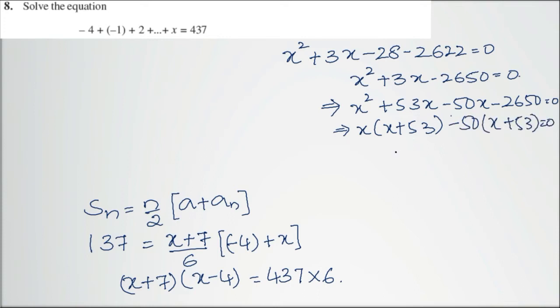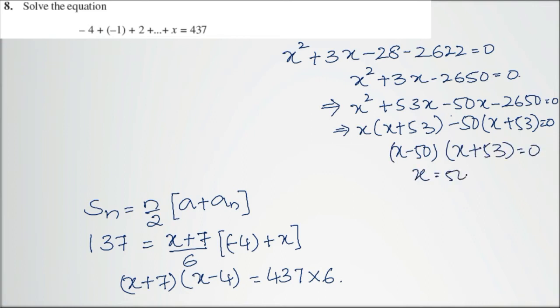When the number of terms are to be considered, we have to reject this -53 because the series is an increasing type. Here you observe the second term is -1, the third term is positive, so the next term will also be positive. Therefore, the last term will be a positive number.